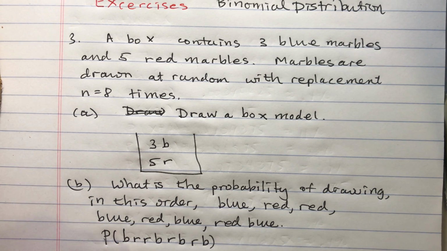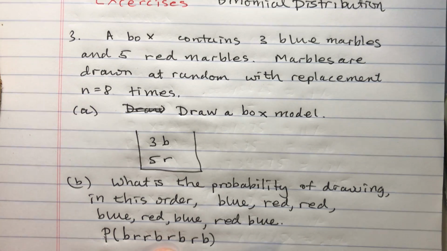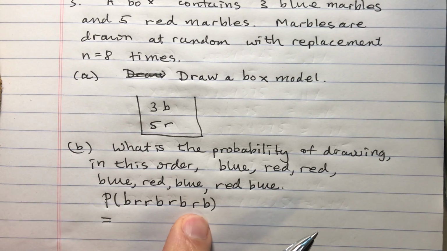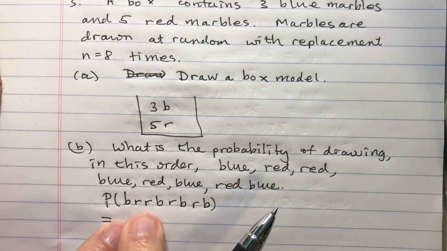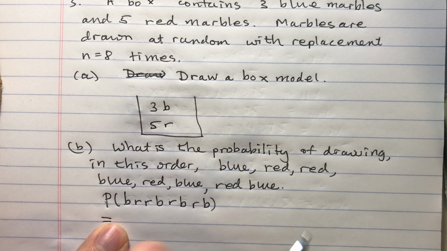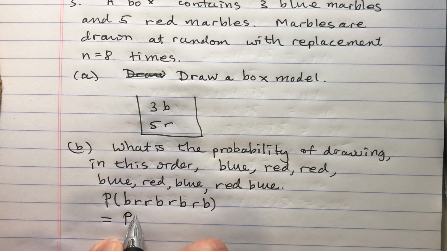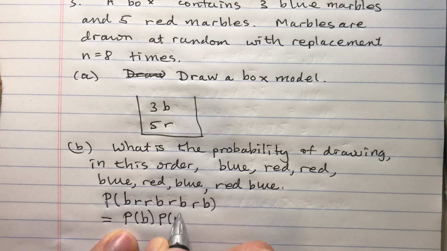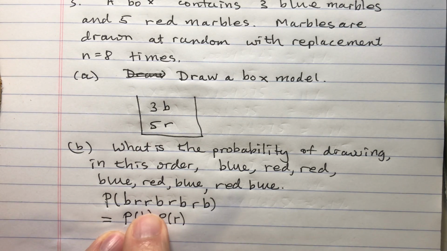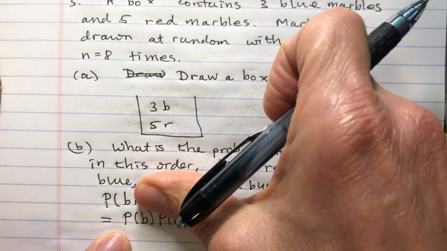What we're doing is we have this one event, and this is all the outcomes. We're going to think of this as drawing one marble and finding that probability, and then drawing another marble. Let's just talk about drawing 2 marbles.